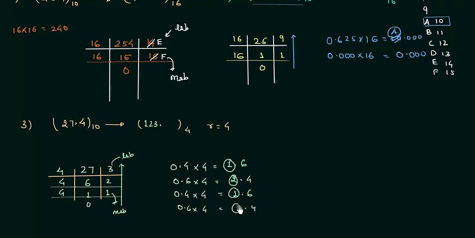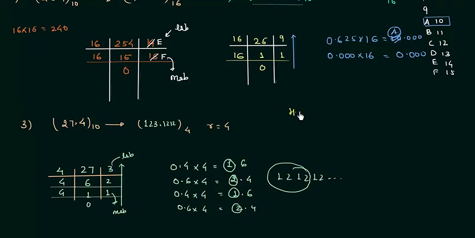So you can see we are getting the repeated digits 1 2 1 2 1 2. So we'll stop at the fourth significant place, and hence the answer is 123.1212. This is the answer. So whenever there is a situation in which the digits are repeating, you have to stop.